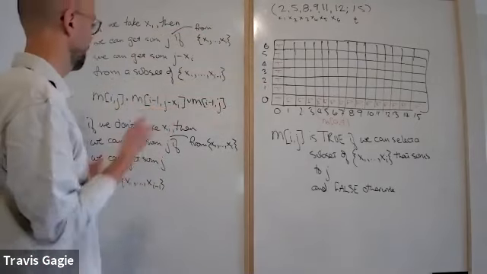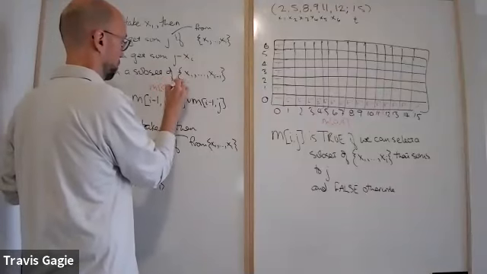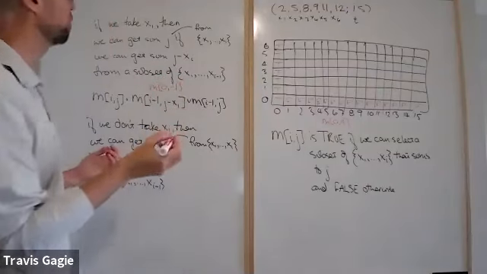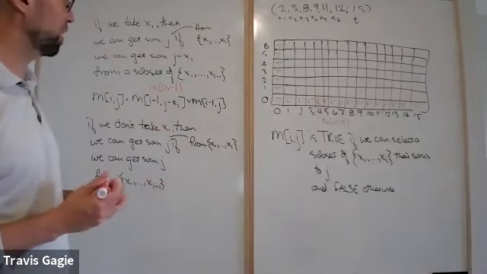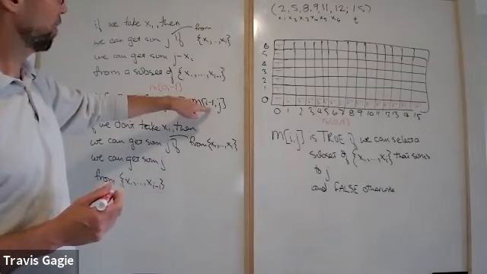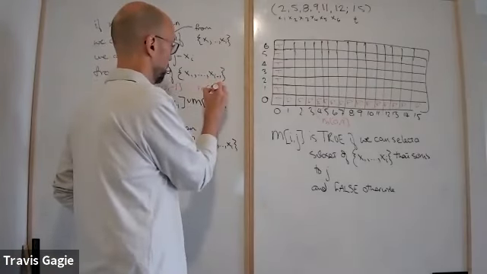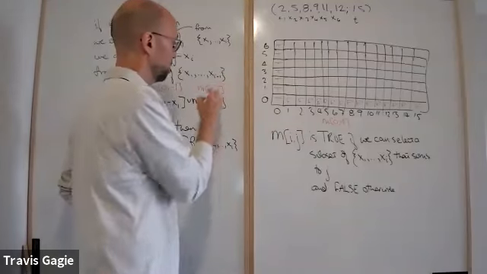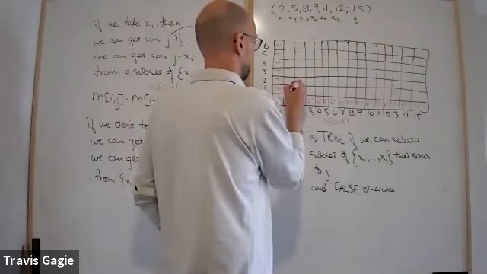This would be M0, minus 1, and that's false. And then we're asking, in that case, can we get some 0? This is M0,1. And so we look here and we say, no, that's false too. So this is false.